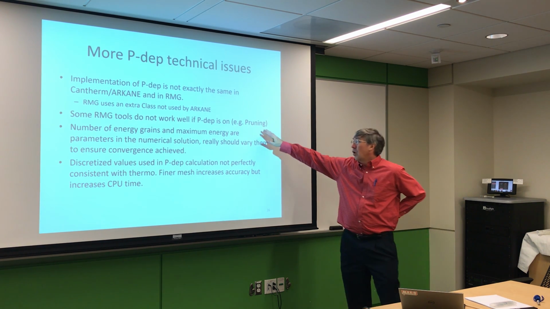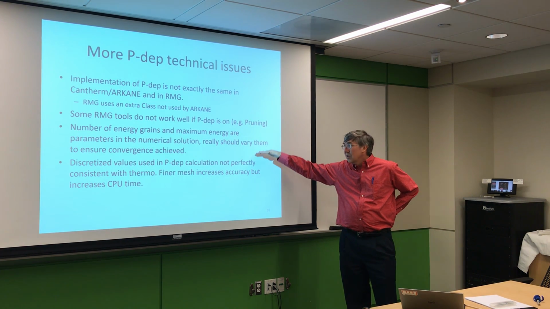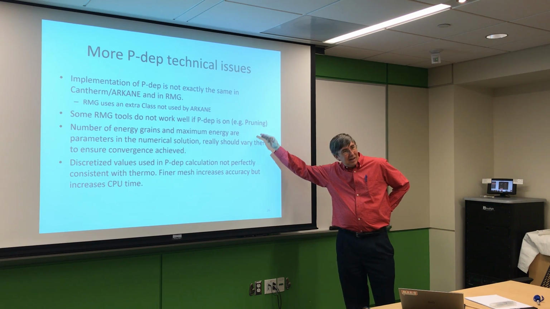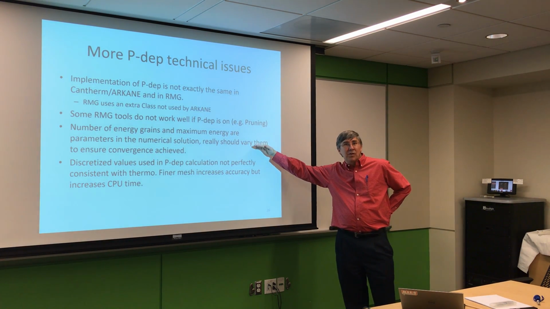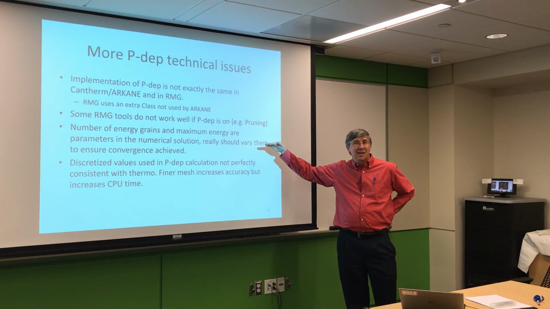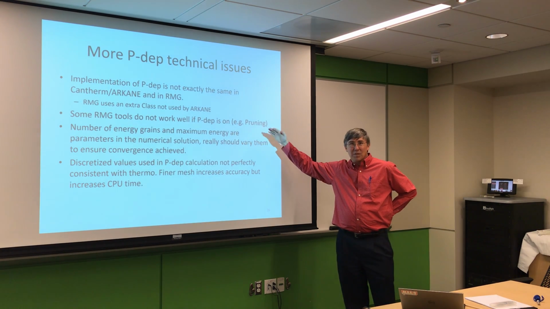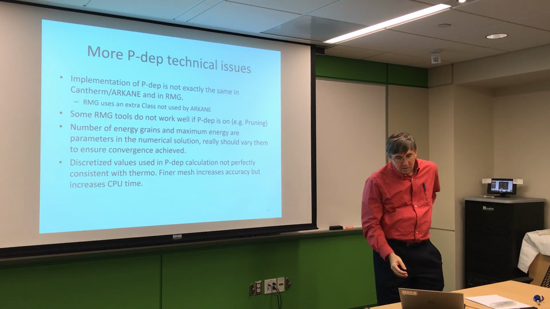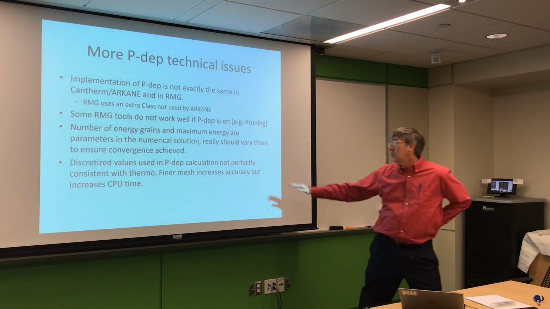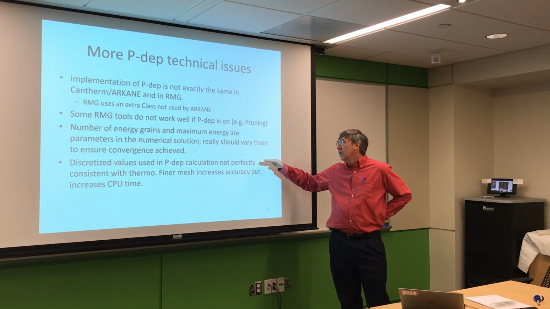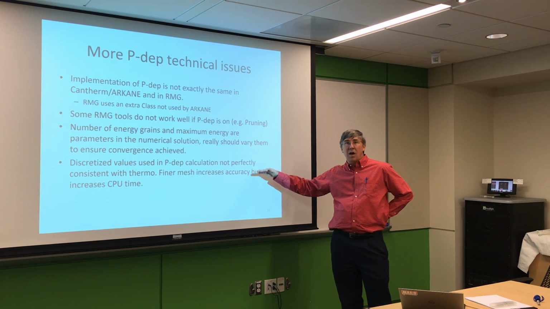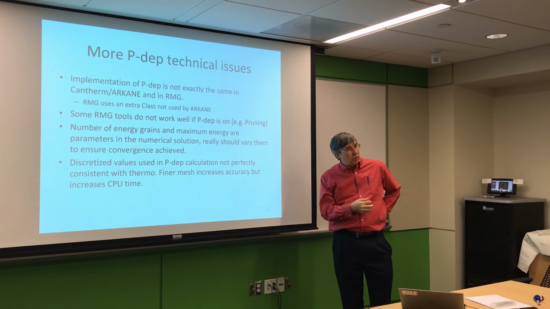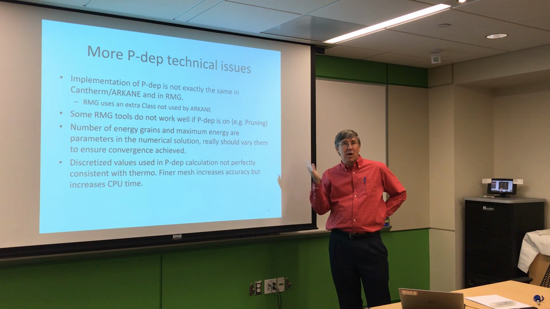There are some numerical parameters in the solution, and it does something semi-reasonable to try to get a good solution, but I don't think this is 100% robust, and occasionally we'll have errors where something went wrong with this numerical stuff. Also, the discretized values using the PDEP calculation are definitely not consistent with the thermo because they're derived from this inverse Laplace thing, which is approximate.